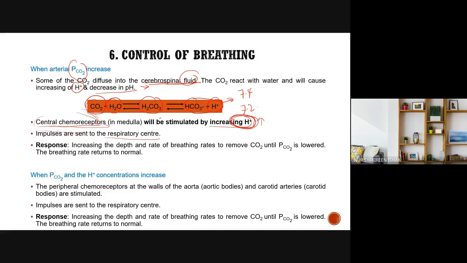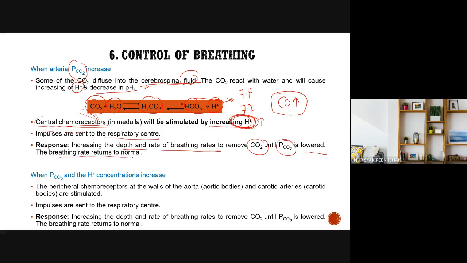So the response, meaning when the concentration of carbon dioxide is high, you are respiring and producing more carbon dioxide. So the response is increasing the depth and the rate of breathing to remove carbon dioxide until the partial pressure of carbon dioxide is lowered.